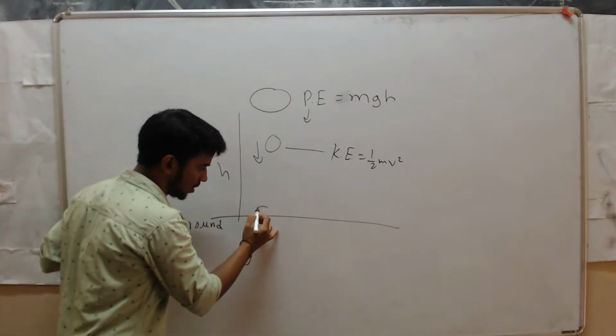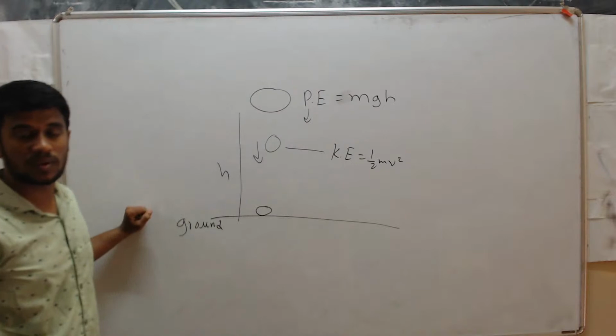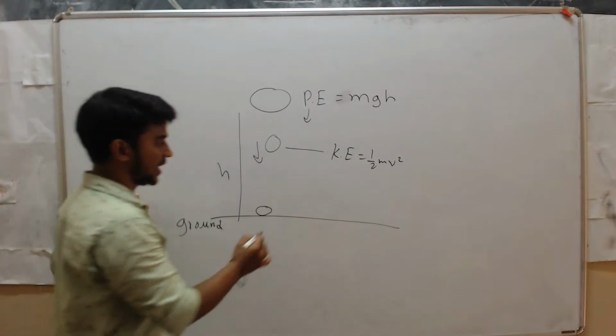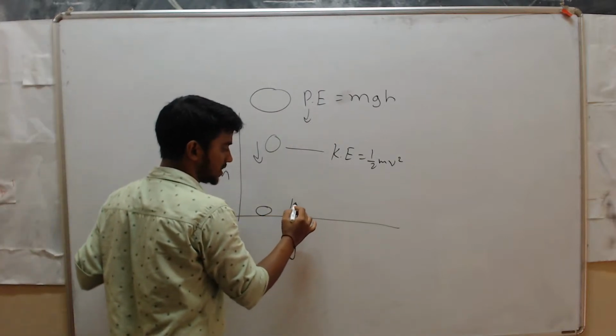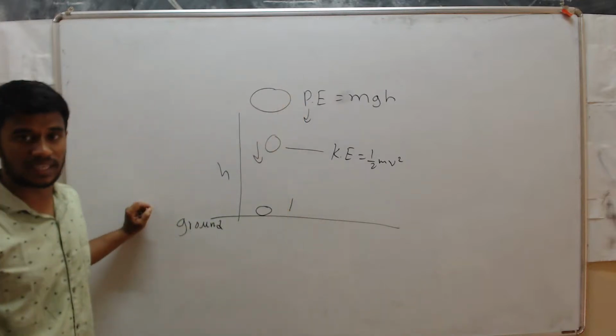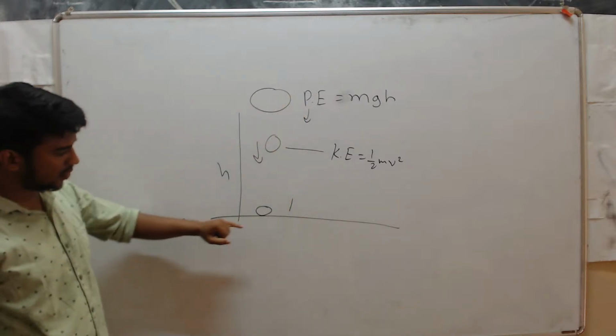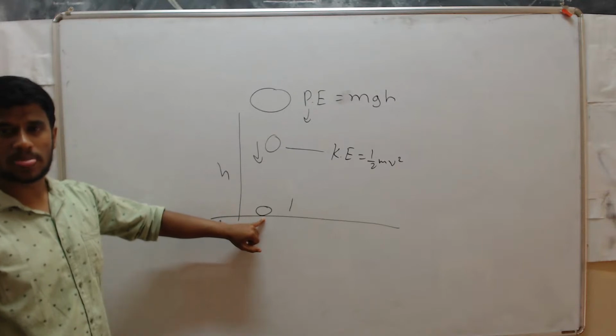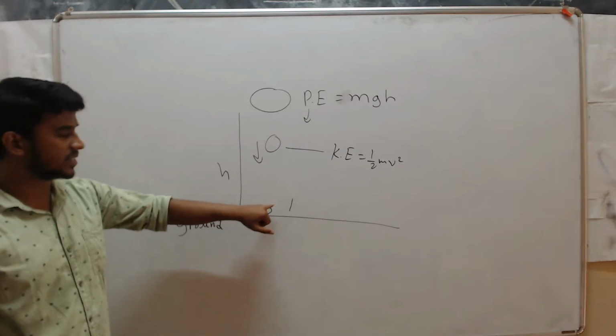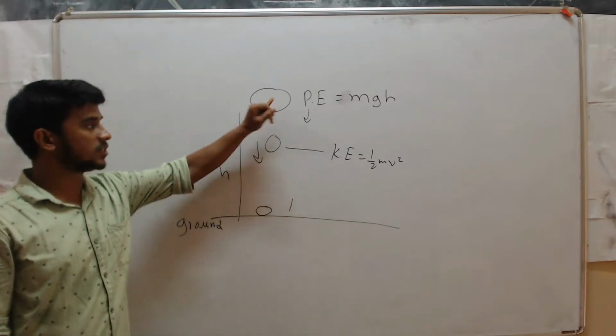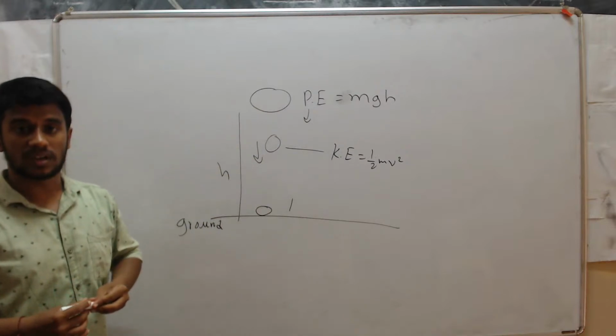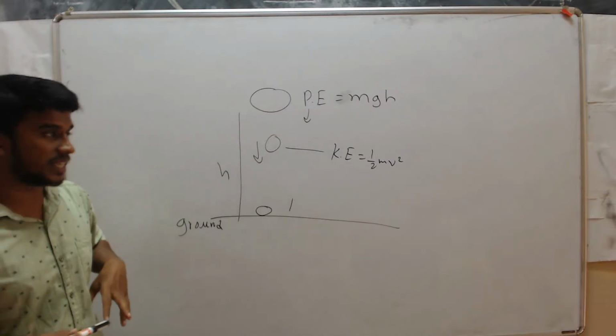Just before reaching the ground at maximum velocity, its kinetic energy is very high and its potential energy is least.